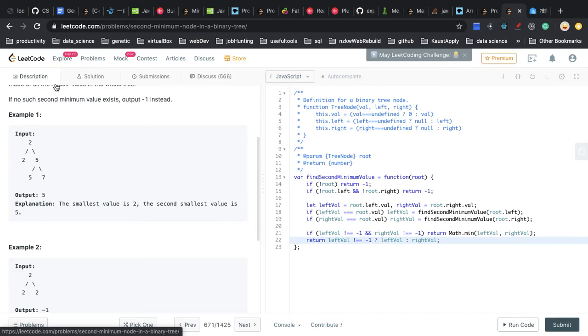In this case we use a recursive function, because otherwise we could visit all the nodes, search every level, and convert the tree to an array of node values. Then we find the second minimum. But that is not what this question is asking.